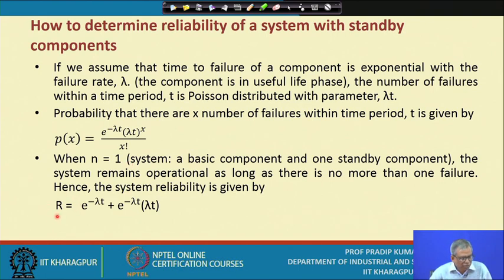So the expression for reliability is e to the power minus lambda t plus e to the power minus lambda t into lambda t. You are just applying this formula, assuming that the Poisson probability mass function is valid. Is it clear?